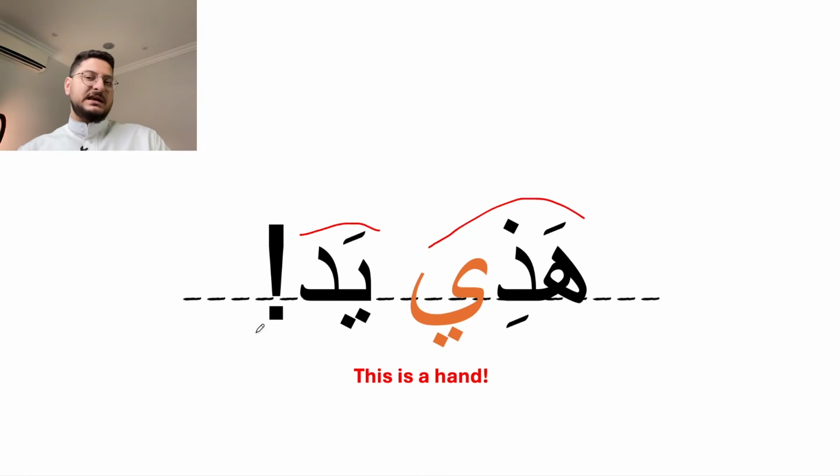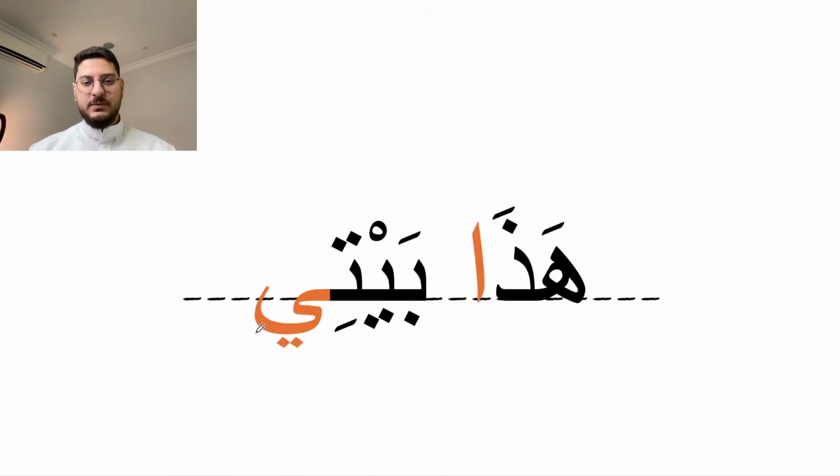And we will see how this works in the future, and especially in the next lesson. But for now, you need to know that a door in Arabic is always treated as a masculine noun. So we always use هذا with a door. A hand is always treated as a feminine noun. So we always use هذه with a hand. I cannot say هذا يد. This would not work.